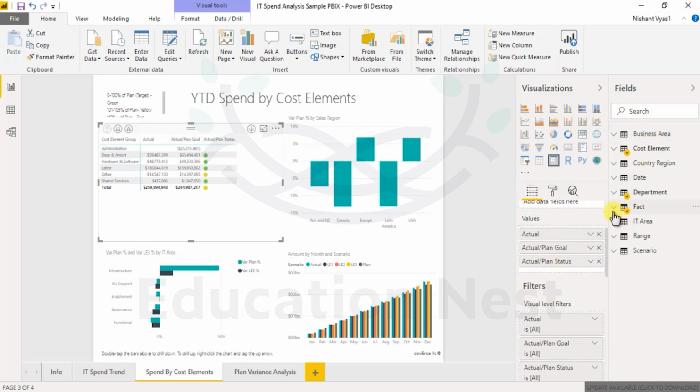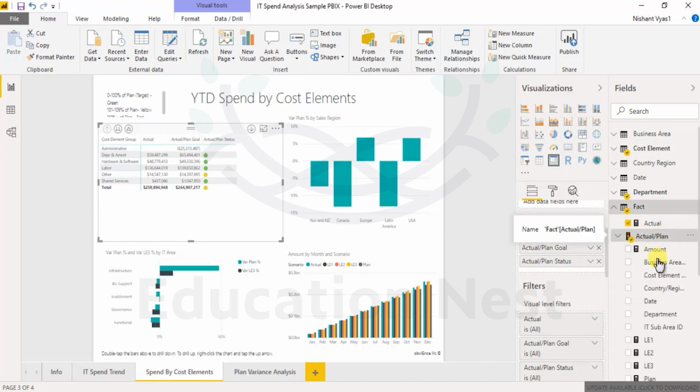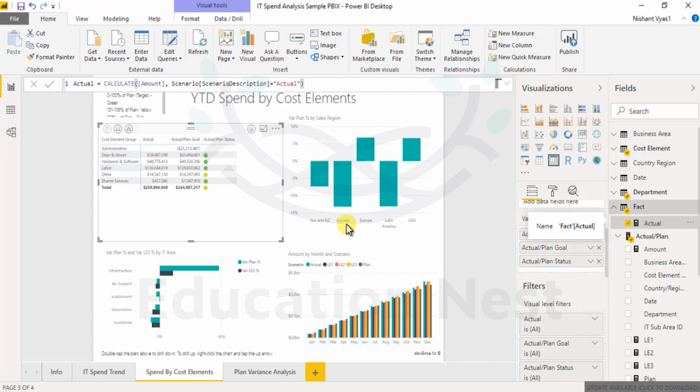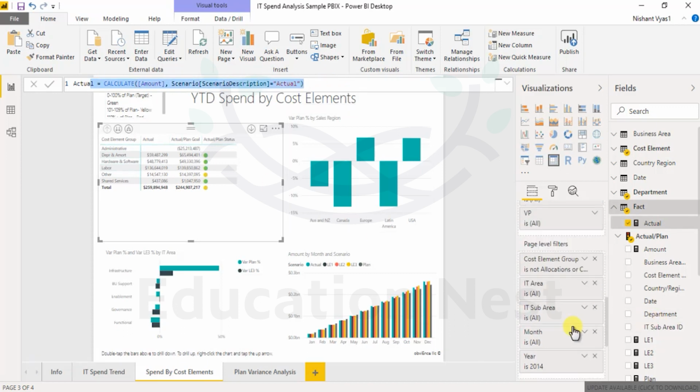If you try to look at the fact table, it will tell you how they have derived this actual versus plan. If you click on it, this is the actual versus plan status, right? If you click on this, this is how the actuals are being calculated.